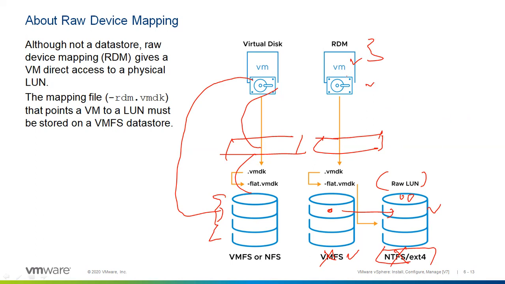And it could be shared among a number of virtual machines. For presenting the raw LUN to the VMs, it requires just a mount point in between. It is just a small file, and it will represent the LUN to my virtual machines directly.